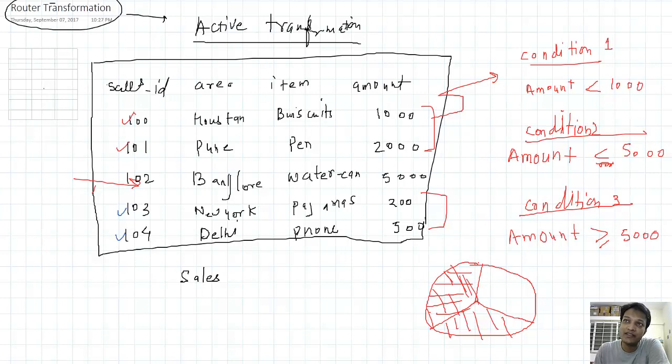That makes this condition 2 invalid. So we have to alter this condition, and we have to put a condition where amount is greater than or equal to 1000 and amount is less than 5000. And condition 3 would be amount greater than or equal to 5000. So from this we are very well able to select this portion 3.